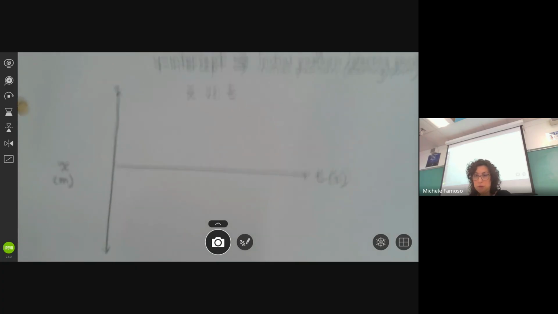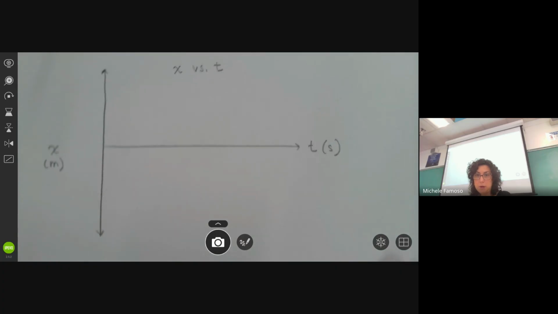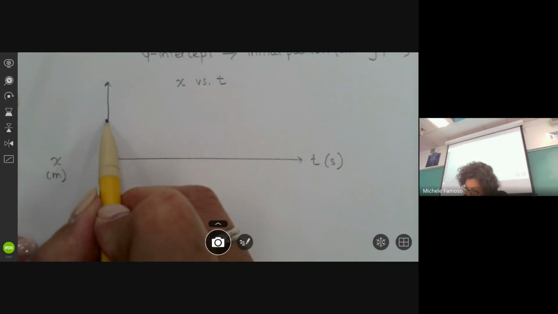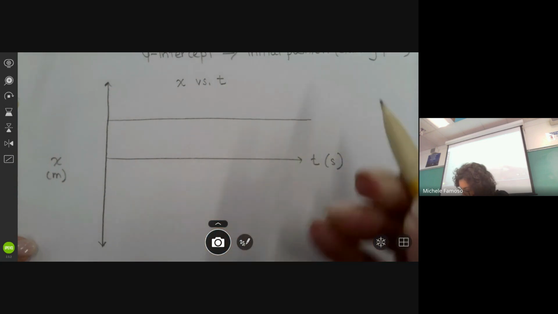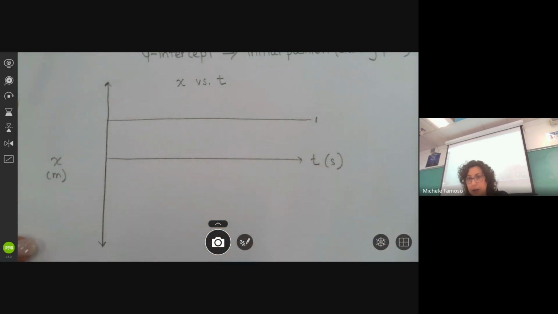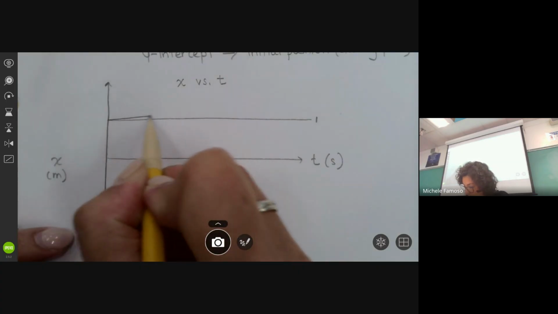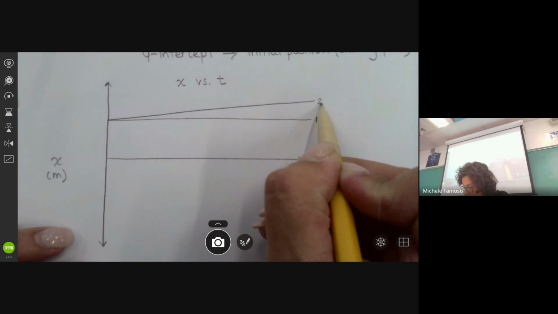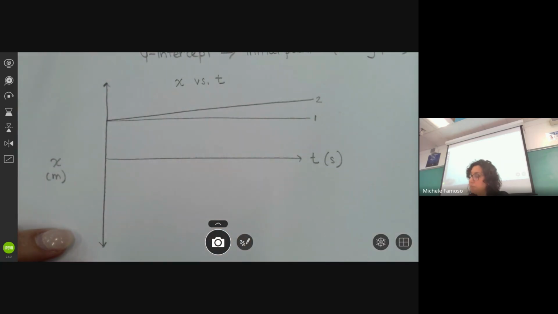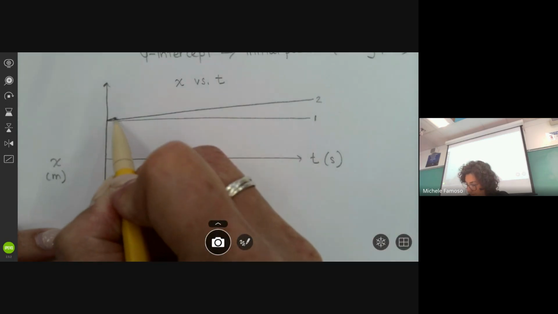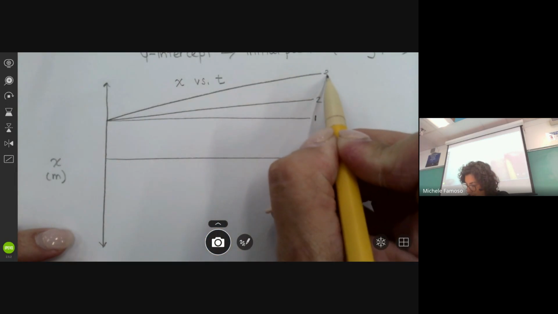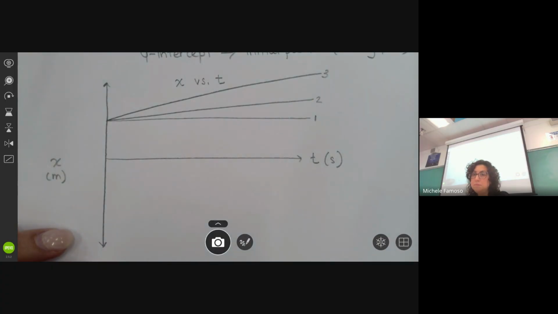All right, I got to move this down here a little bit. Sorry. I'm going to label each of these lines. Line 1. Line 2. Line 3.